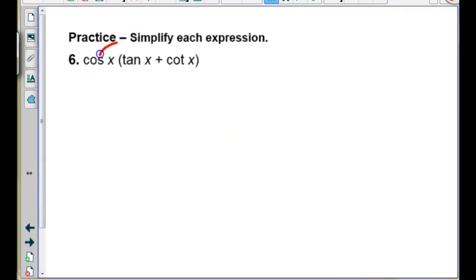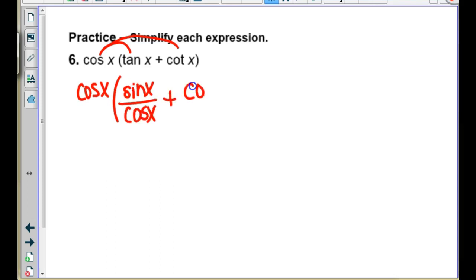We are distributing, maybe, right? You want to rewrite them in terms of sine and cosine first? Or as we go, at least? Cosine of x times what is tangent? And then cotangent is... It is, but if we're going to put everything in terms of sine and cosine, then I don't want a tangent or a cotangent.